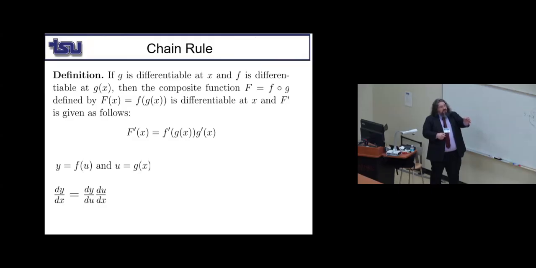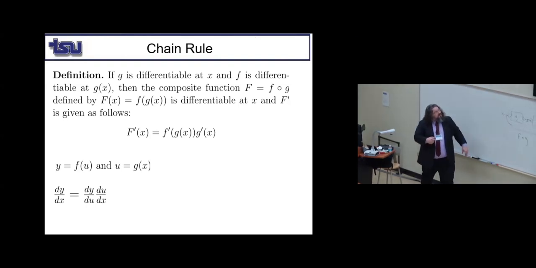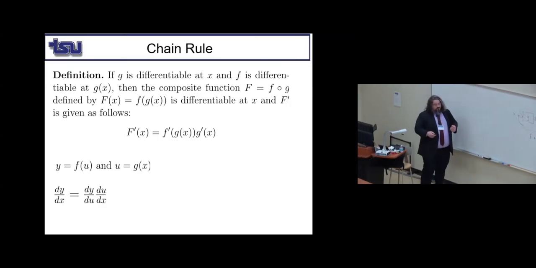That's measured by du dx. And so changing x a little bit, the rate at which u is changed is measured by that value. And then that u changing means that y is going to change, which means that we need to multiply by dy du. So understanding how the expression on the far left depends on the input x over here involves going through this chain, hence the chain rule.